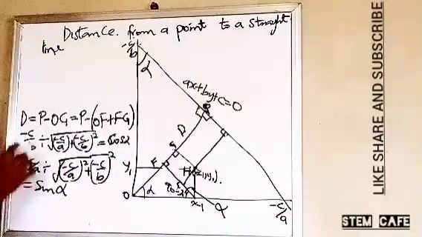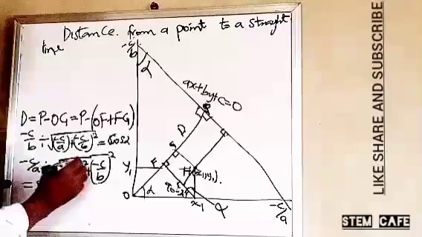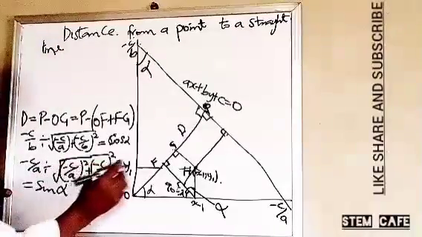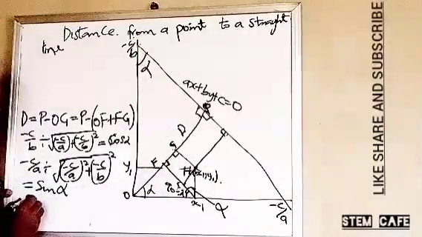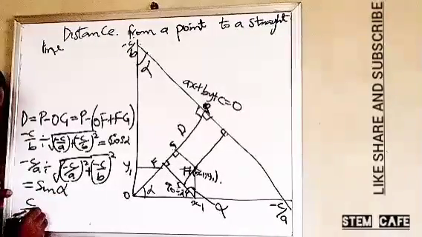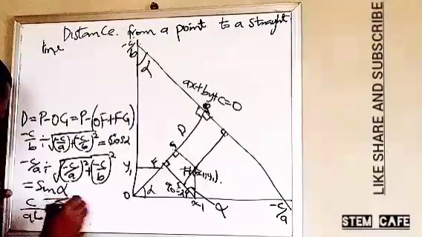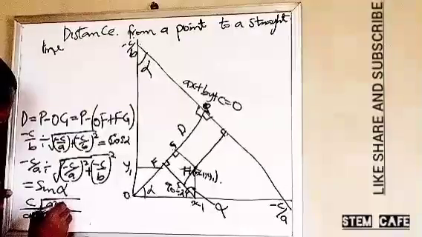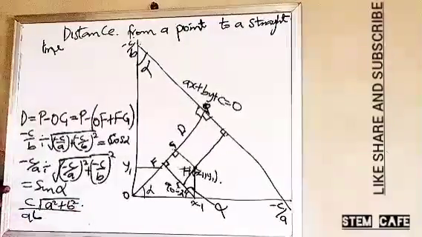I'm trying to make it straightforward. So, our hypotenuse is already equal to C over AB into square root of A squared plus B squared.